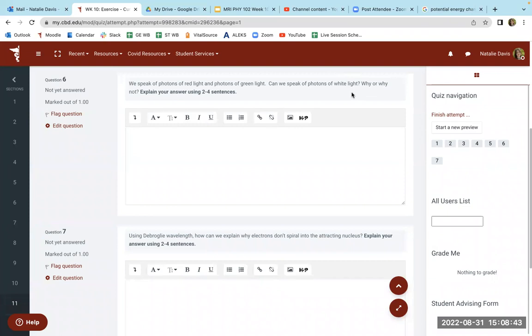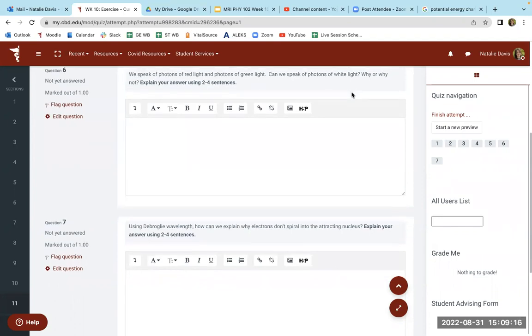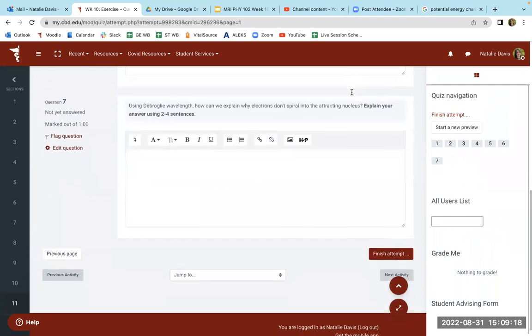White light is not on the spectrum of colors, right? It's a mixture of all the colors, right? So when we blend red, orange, yellow, green, blue, violet, indigo, all of those together, those are what make up white light. So can we pinpoint one photon that has a certain frequency of white? You should be skeptical. Think about that. That should help you on number 6.